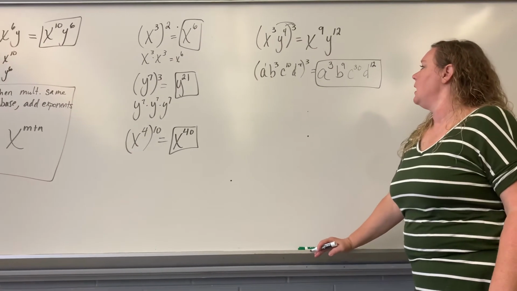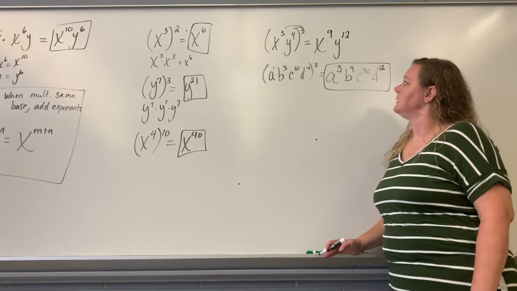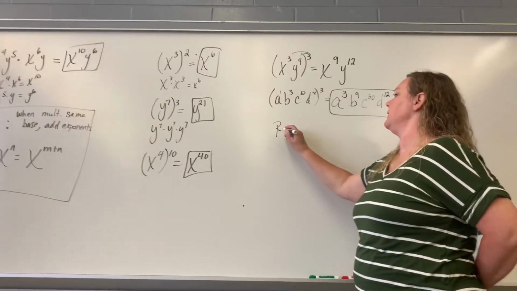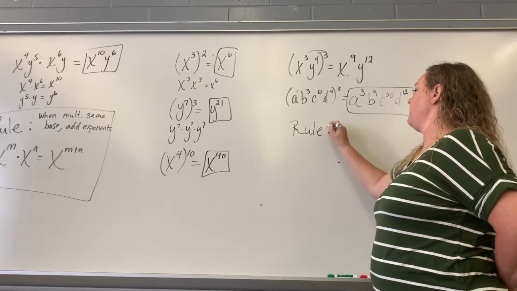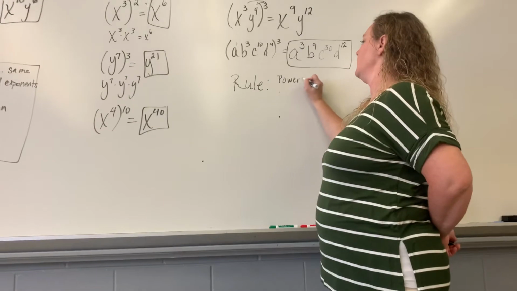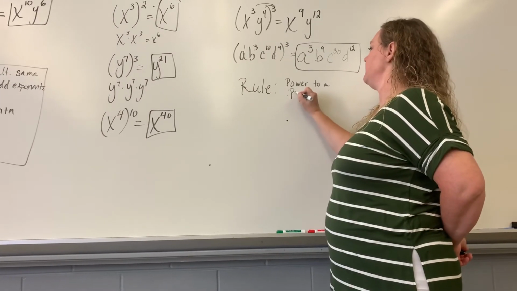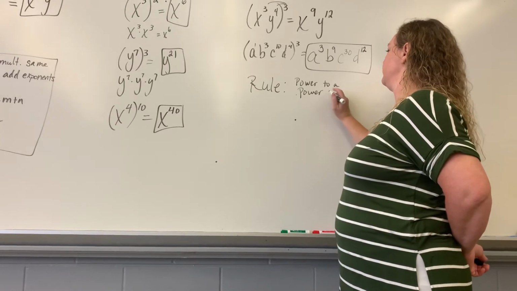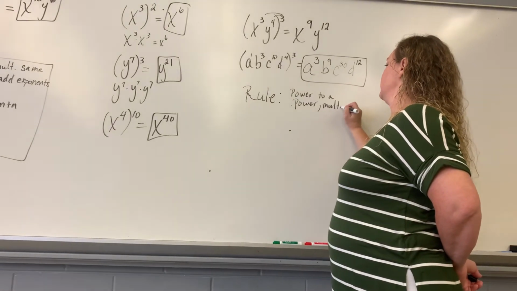All right. Let's see what else I need to tell you about this. I didn't write the rule. So the rule for this one is, when you have a power to a power, you multiply exponents.